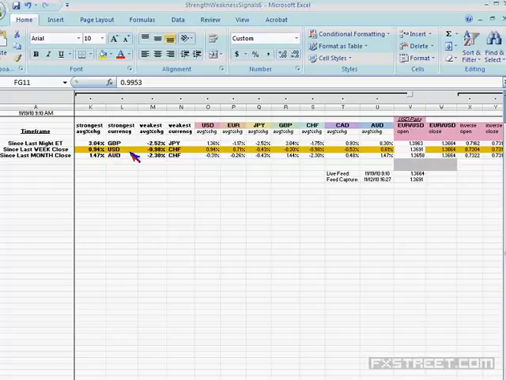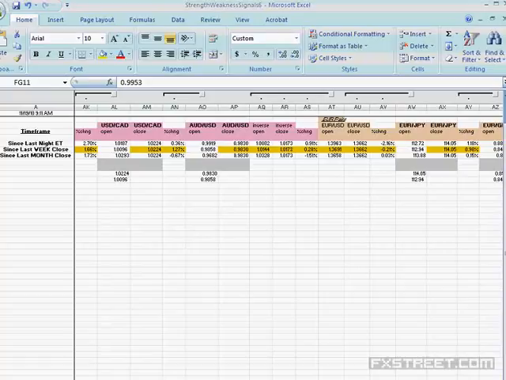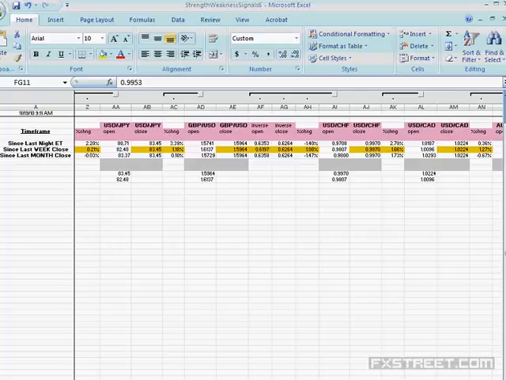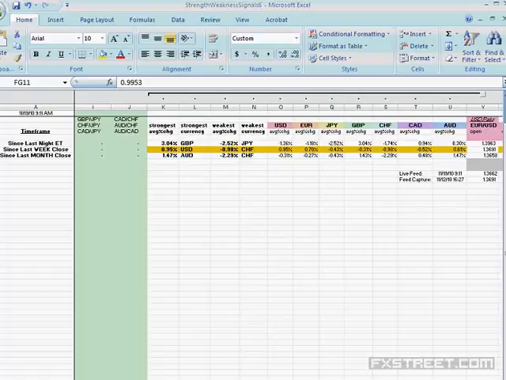I'm looking for the percentage price change of each currency against all of the others. So what do you see here? You have all these different numbers in here. What these numbers are doing is comparing each currency to each other.